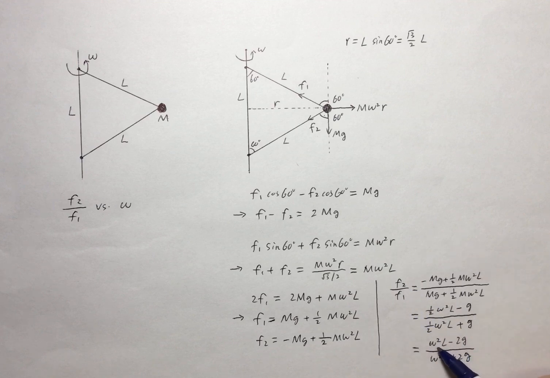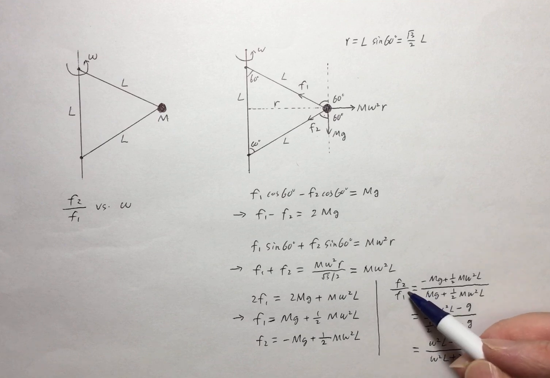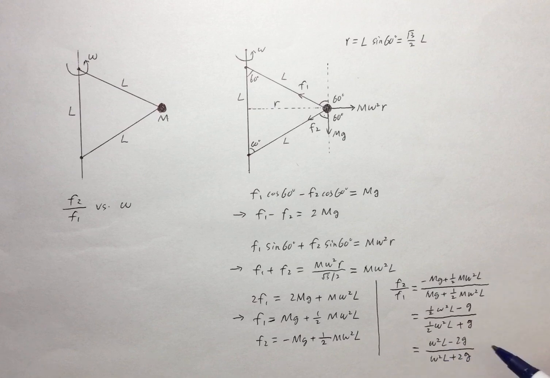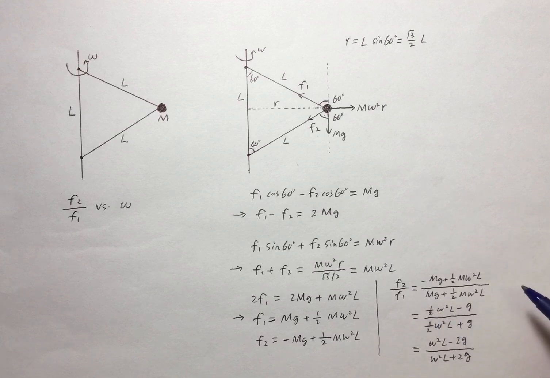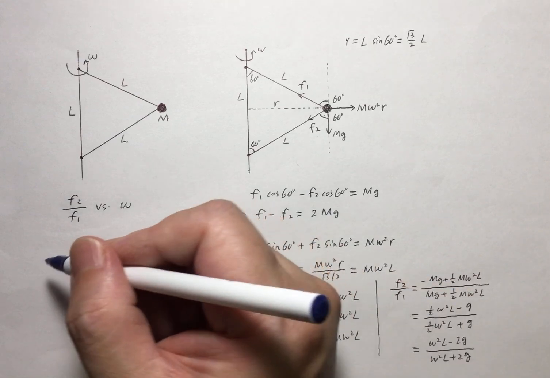And then when omega square L minus 2g is over 0, this term begins to grow. But eventually, when omega is very large, g can be neglected. So F2 over F1 will approach 1 in the end. So the curve will look like this.